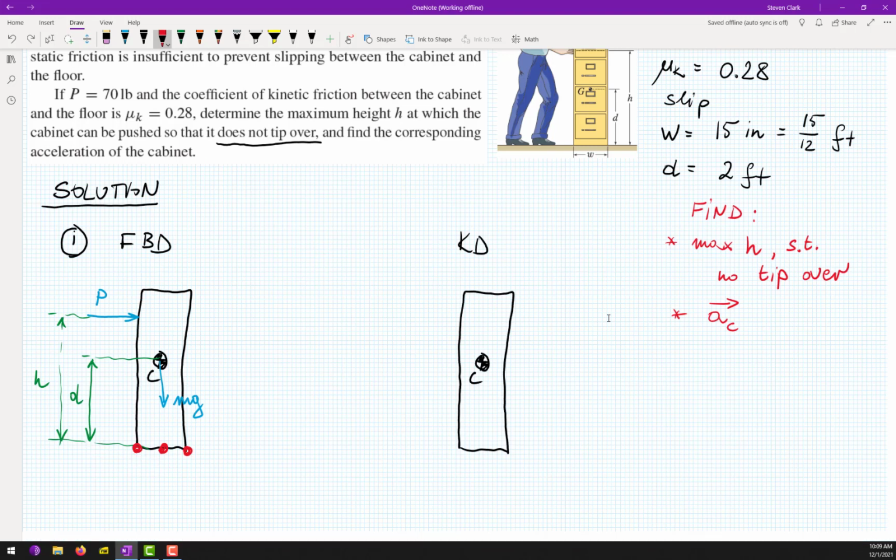Where? The one on the right. Okay, and why? Beautiful. Yes, exactly. So this is the point of contact right before it starts tipping over.